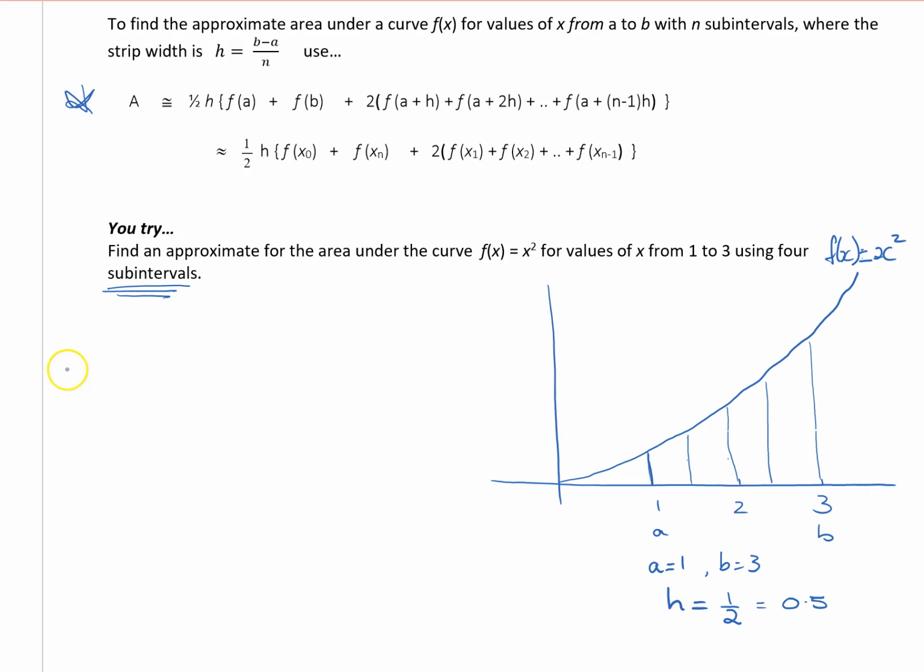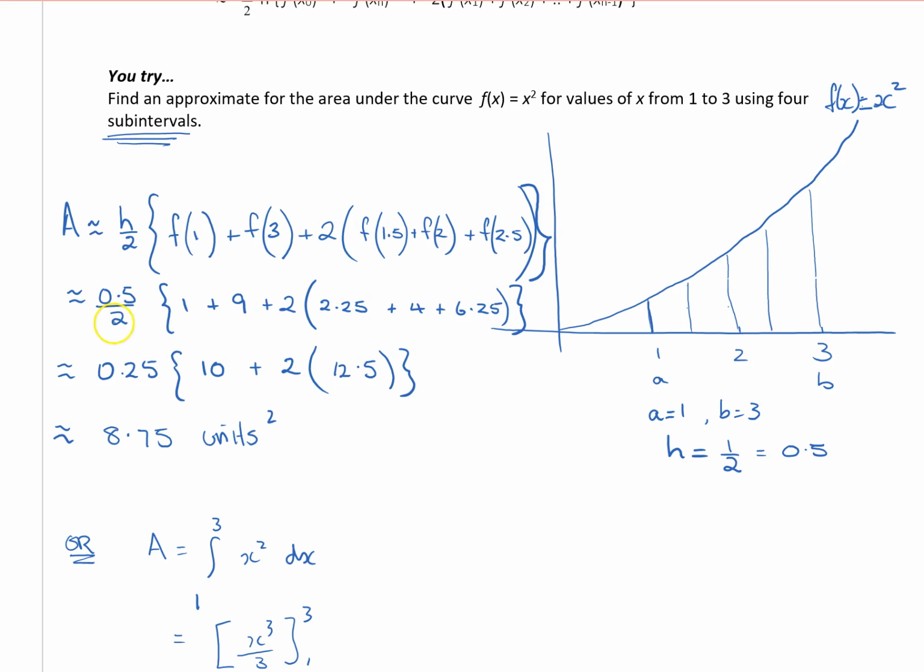Now the pattern, fairly simply, was h on 2, times our first function value, so our function value when x is 1, and our function value when x is 3, and twice all other function values. So we'll need to know the function value at 1.5, at 2 and at 2.5.